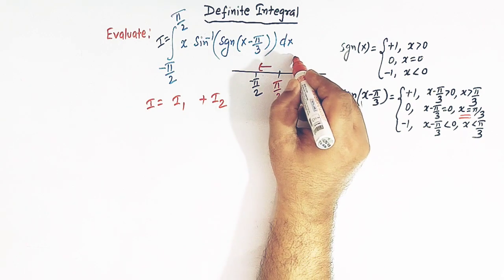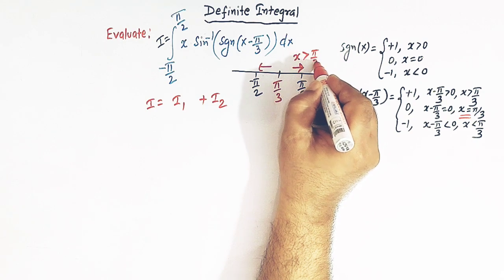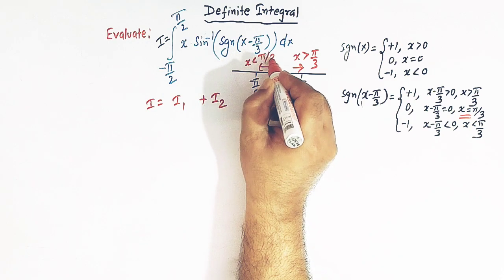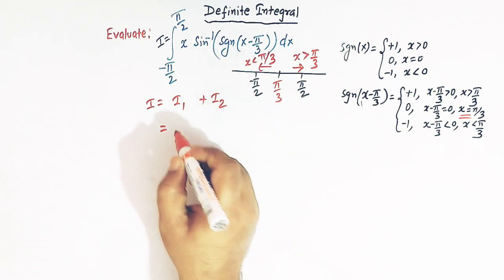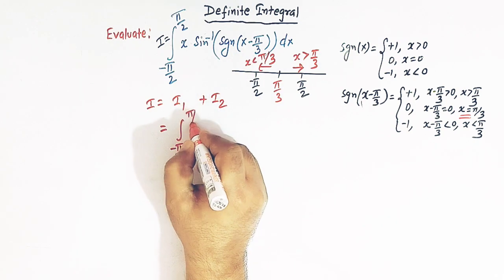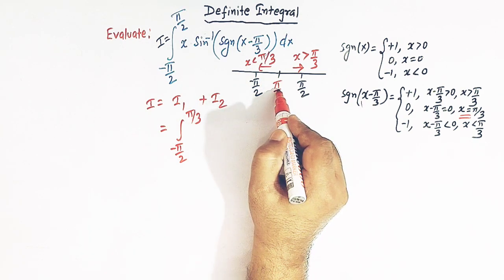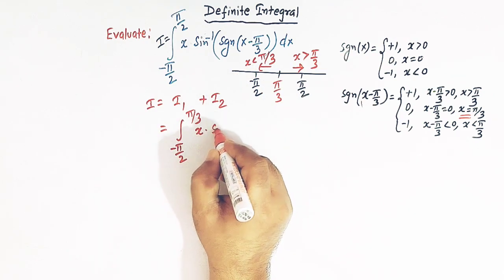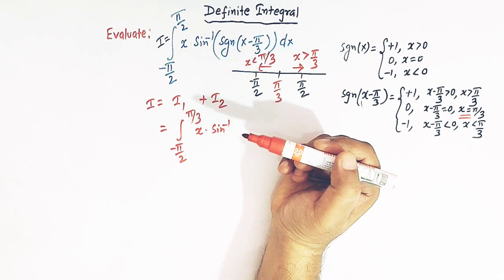So this portion is x greater than pi by 3, and this portion is x less than pi by 3. Now we can write our integral as, first, from minus pi by 2 to pi by 3, and the integrand is x times sine inverse of signum of (x minus pi by 3).